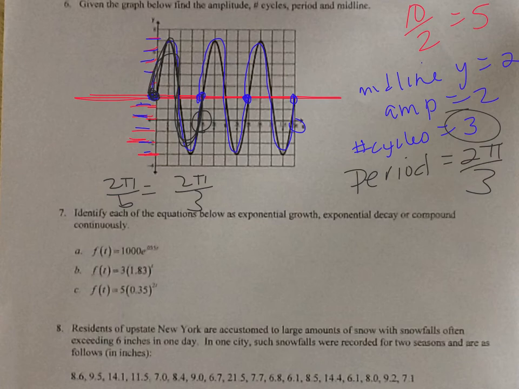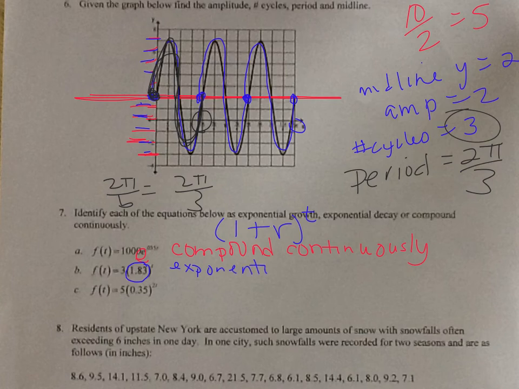Notice here for 7a, there's this e, and this is compounded continuously. 7 is a growth, and the reason I know it's growth is because I have a number inside there that's greater than 1, because remember growth is 1 plus the rate raised to the t power. So this is exponential growth.